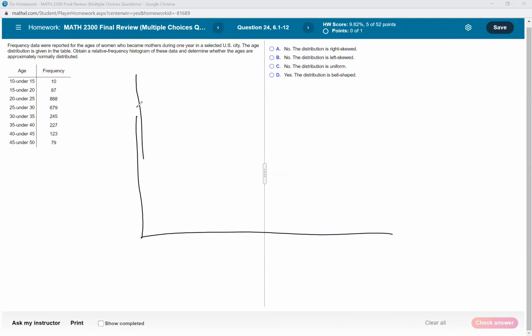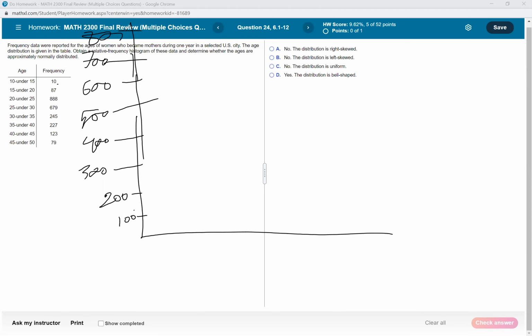We would construct a histogram, but for this one you do not need to construct it. Let's consider the heights: this is 10, this is 100, 200, 300, 400, 500, 600, 700, and 800.